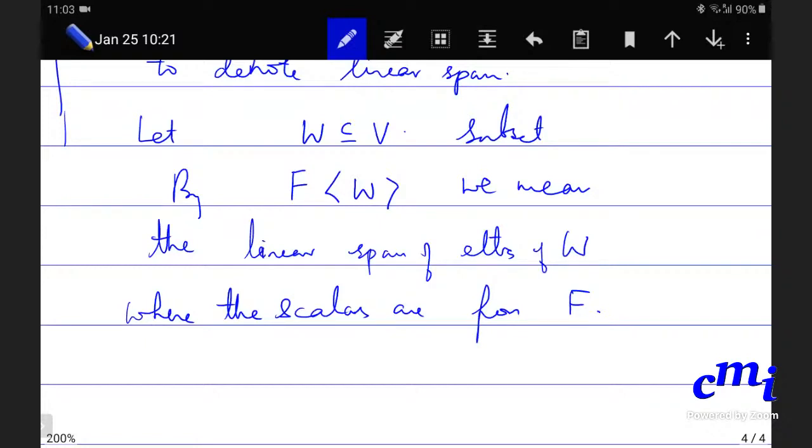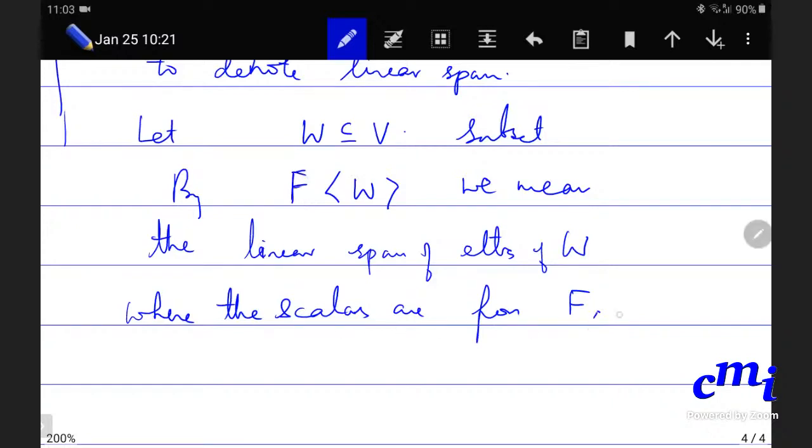A one-dimensional complex vector space is a two-dimensional real space. An n-dimensional complex vector space is a 2n-dimensional real vector space. So sometimes we may have to switch between them. In this course, we might not need to, but I can't say that for sure now. The same set can be thought of as a complex vector space or a real vector space, so we'll have to specify when we are taking linear spans of elements, are we taking complex linear spans or real spans? So just to specify that, we will write F here.